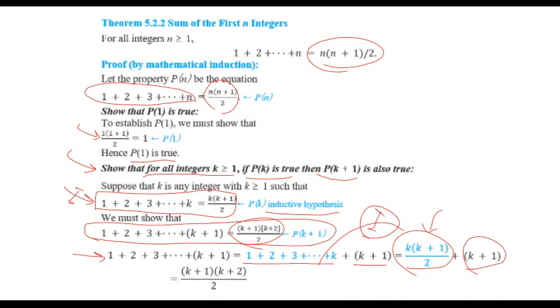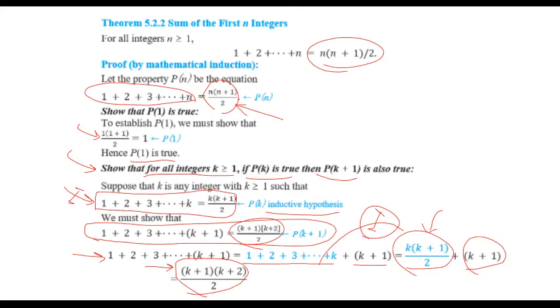So if you factor out k plus 1, what you get is this formula, which is basically the original formula that we are going to prove, with the only difference that instead of n, here we put k plus 1.